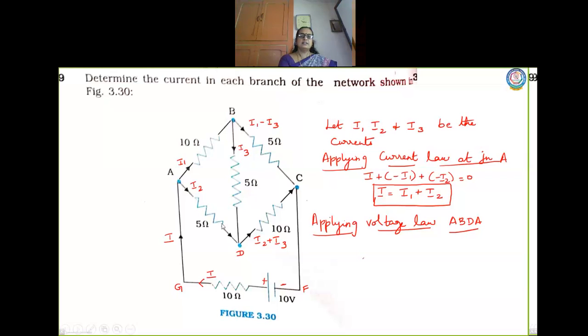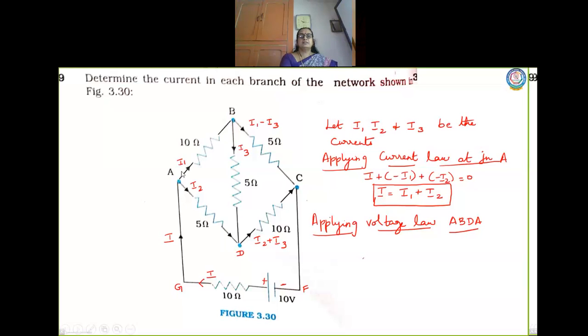As far as this loop is concerned, you have to start from A, B, then C, D to A it should go. So A to B it has gone correctly, B to D it has gone correctly, but instead of D to A, the current is going from A to D. So in this case, when I write the product, I can have a negative. I remember it easily, I'm telling you a very easy method.